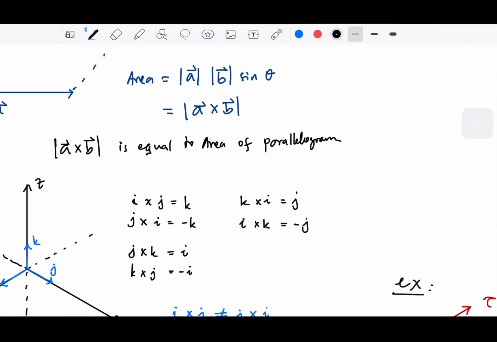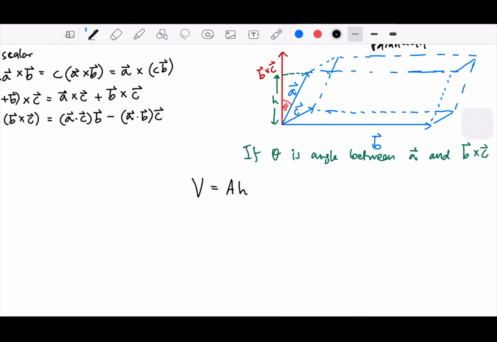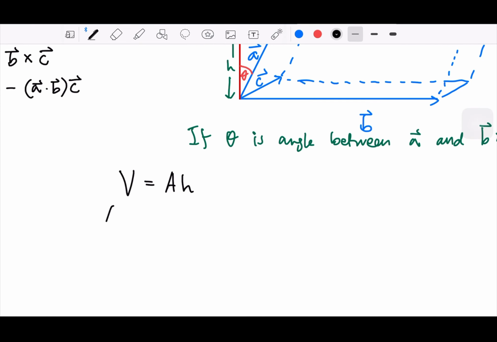Here. The area like this, right? This is perfectly the same as this. So the area of the parallelogram of vectors B and C is equal to the magnitude of the cross product of these two.